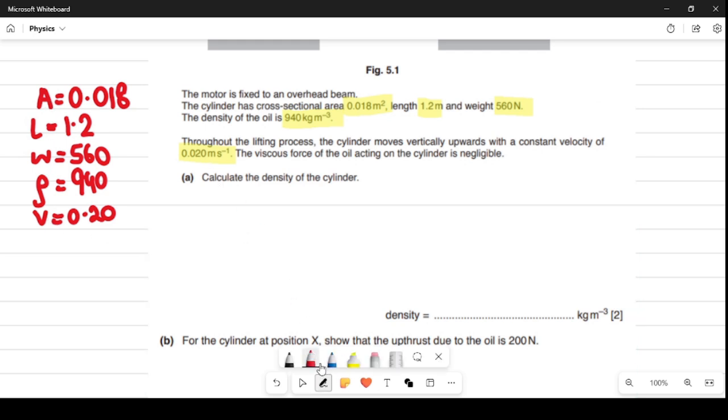So we know that density is equal to mass over volume. We don't have mass, however we do have weight. So density is equal to weight over g. Volume, we don't have directly given, but we do have area into length, and volume is equal to area into length.